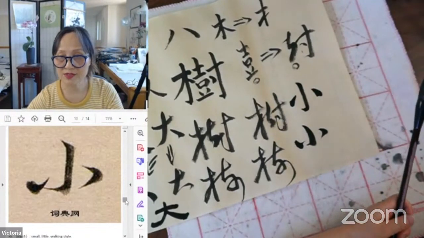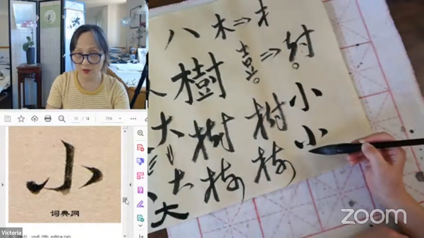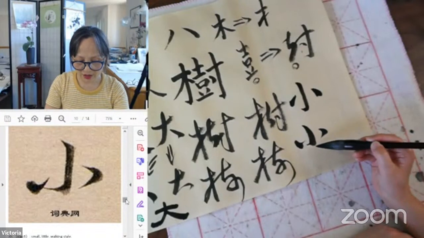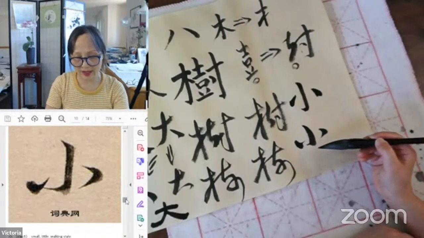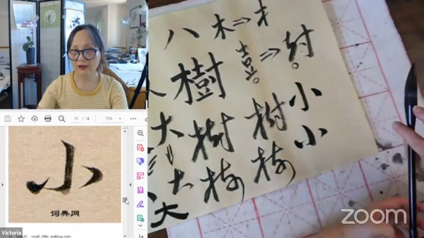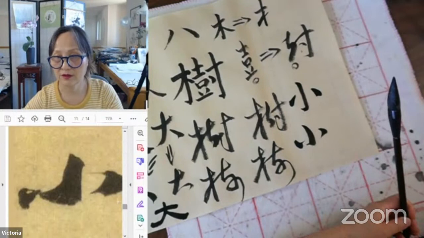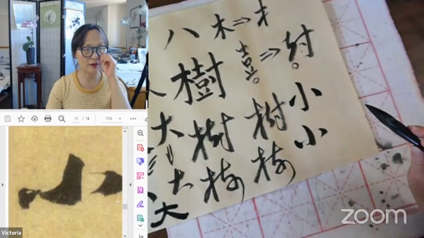Sometimes people write a little bit higher, a little bit lower. Normally no lower than the bottom of this vertical, but normally no higher than halfway up. And the running style, cursive style.